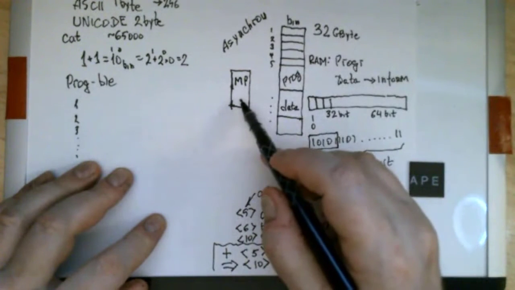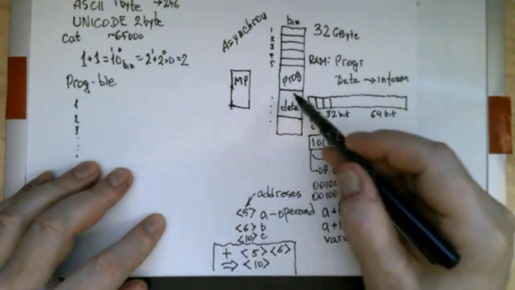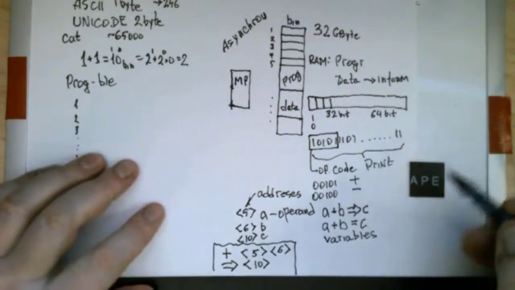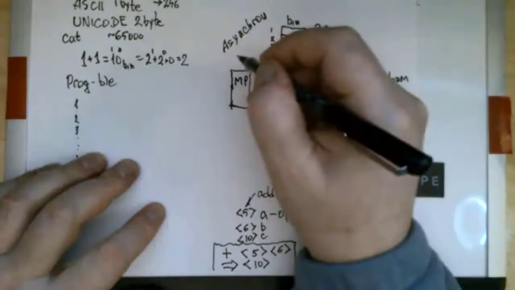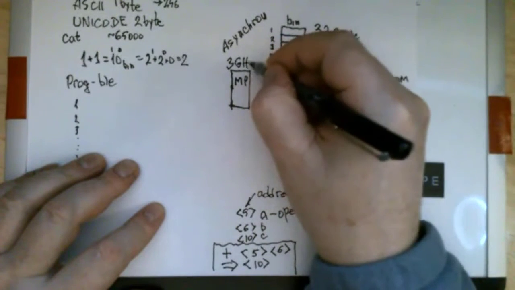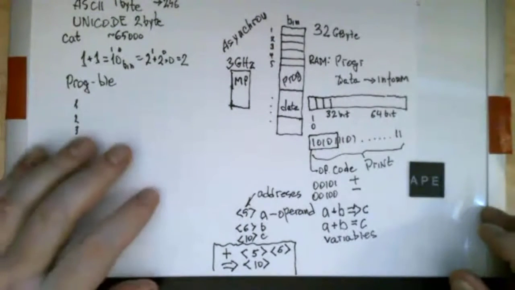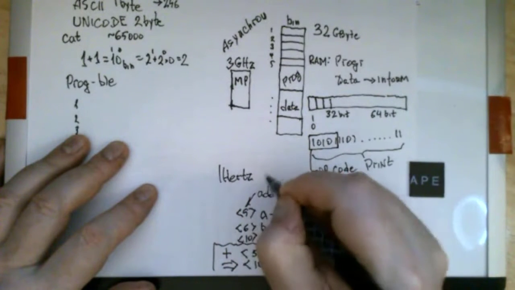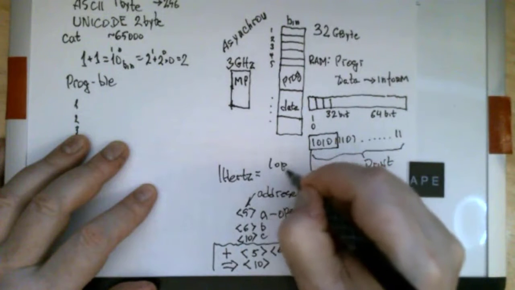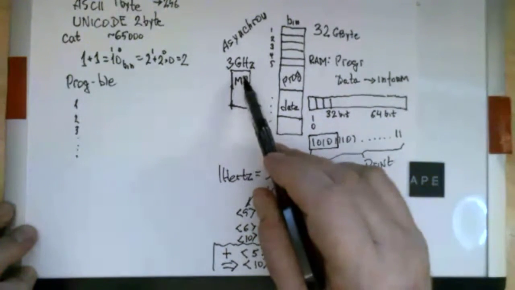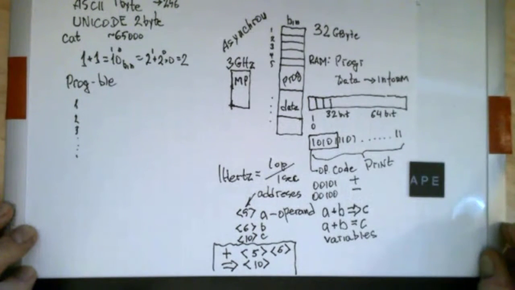Time is ticking inside the microprocessor and inside the RAM, random access memory, at different speeds. The microprocessor usually produces a frequency for its operation of 3 gigahertz. You need to know what is 1 hertz. 1 hertz is equal to 1 operation per 1 second. So 3 gigahertz means 3 billion operations in 1 second.